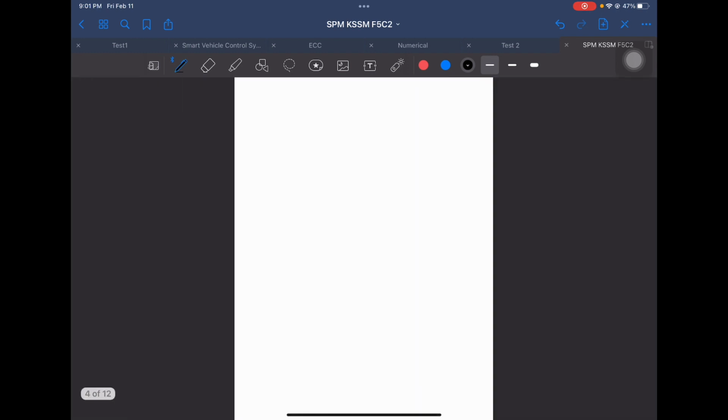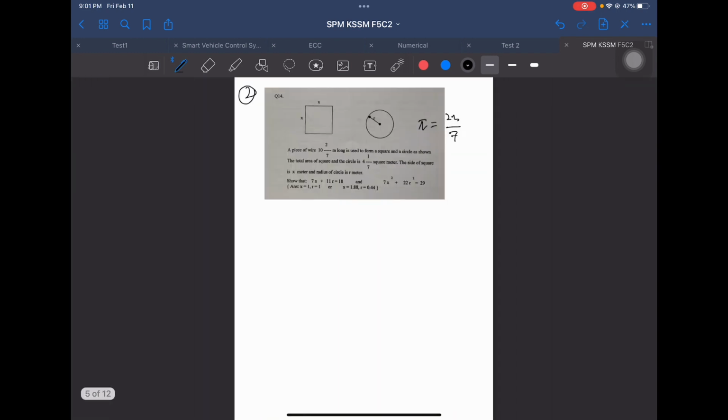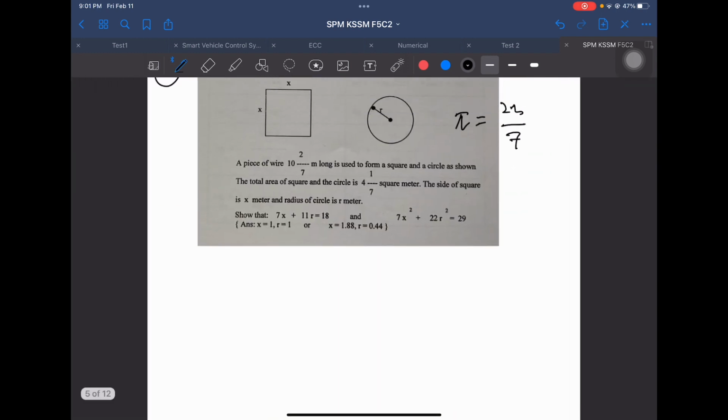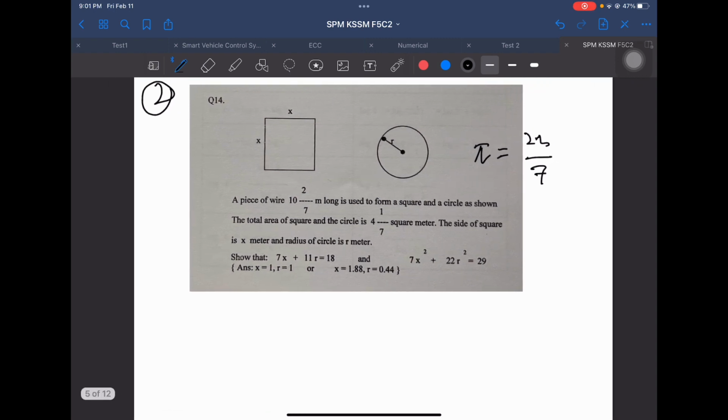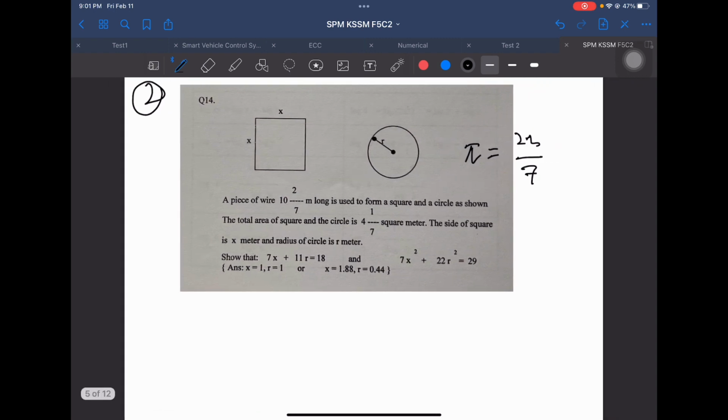Next, let's move on to the second question, where you're given a square of size x, and then a circle with r as the radius, and then the question saying that a piece of wire 10 and 2/7 meter long is used to form a square and a circle as shown, and the total area of the square and the circle is 4 and 1/7 square meter.